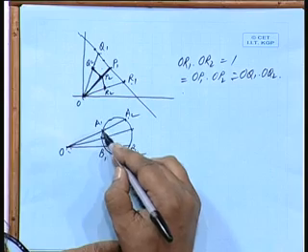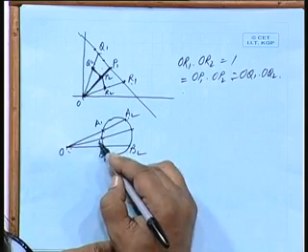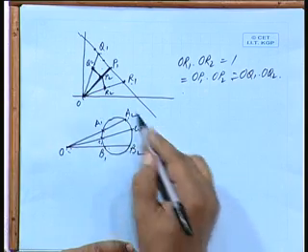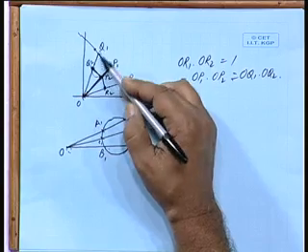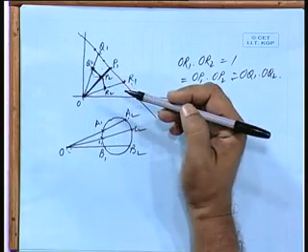These points A1, A2, B1, B2, C1, C2, these are all lying on a circle. So, let us take these 4 points Q1, Q2, P2, P1, these are lying on a circle.